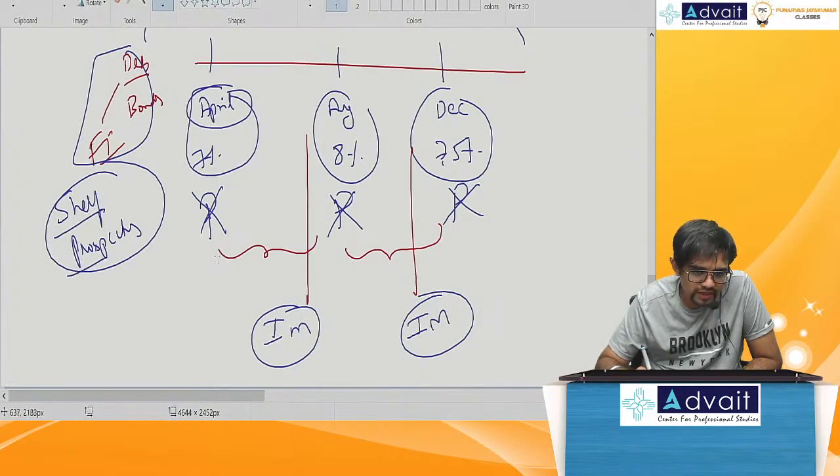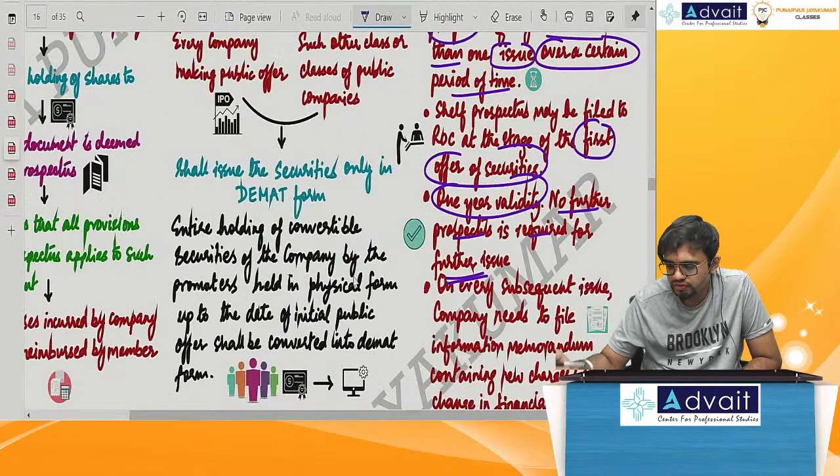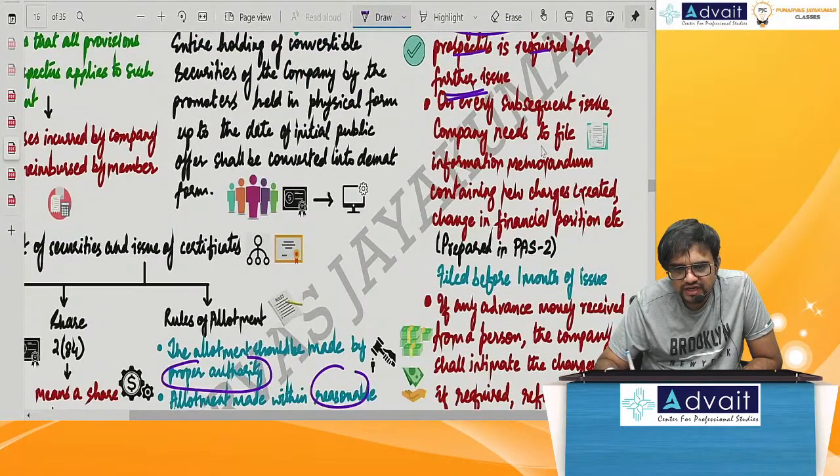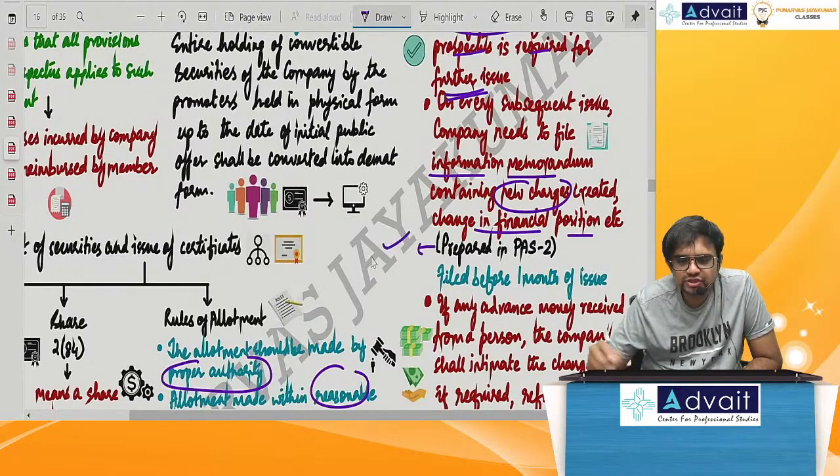But between the two offers, I need to give a comparative statement called an information memorandum. For every subsequent issue, the company needs to file an information memorandum only, containing new charges created, if any, and changes in the financial position, etc. This will be in PAS 2.